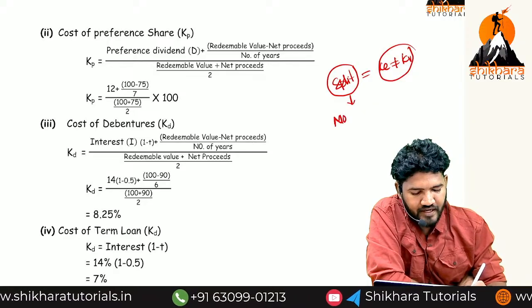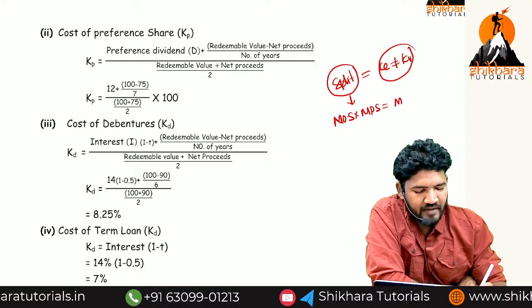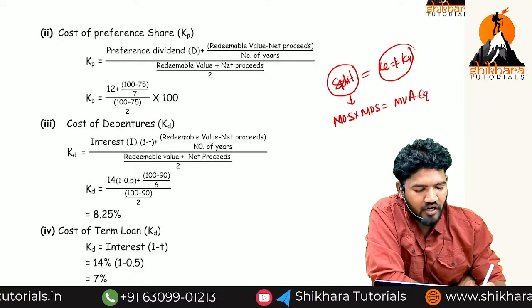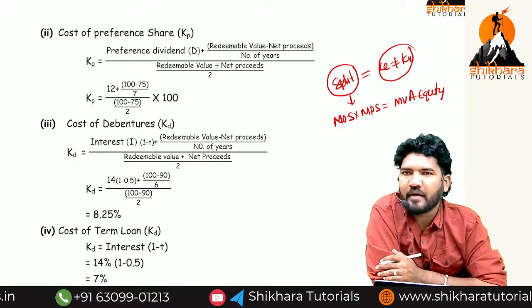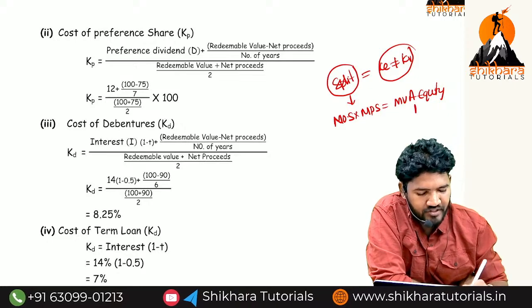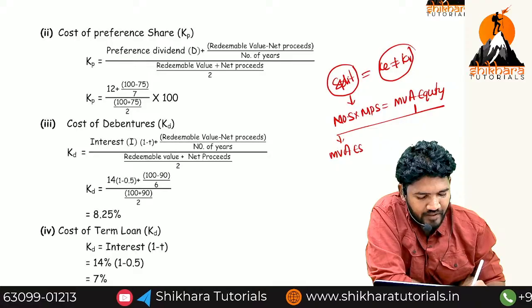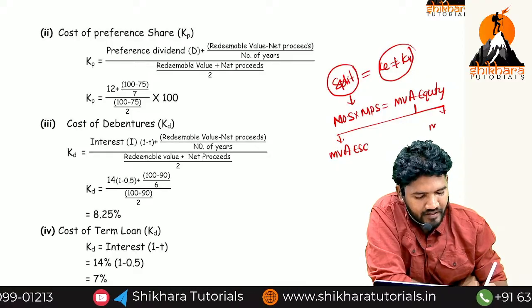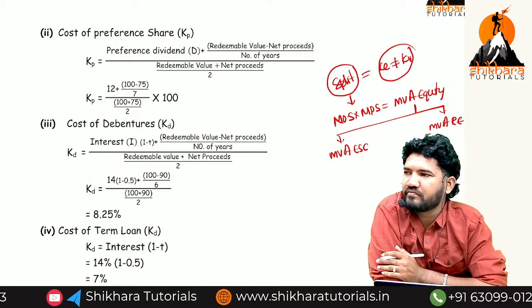Number of shares into market price per share gives the market value of equity. Now you have to split this into market value of equity share capital and market value of retained earnings. This is called split. Are you clear?